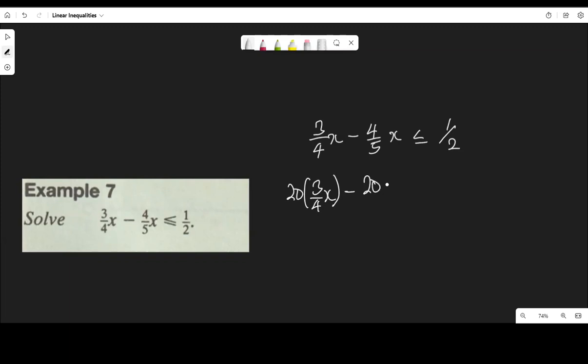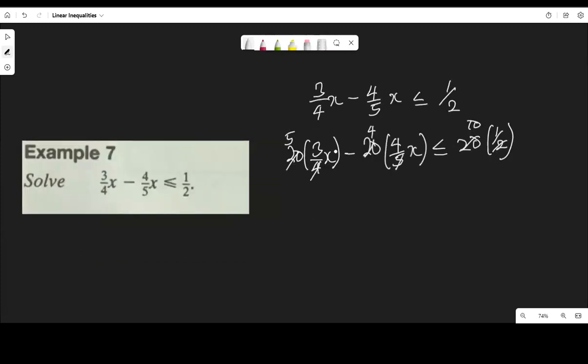20 multiplied by 3 over 4x minus 20 multiplied by 4 over 5x is less than or equal to 20 multiplied by 1 over 2. So that's 4 here 1, 4 here 5, 5 here 1, 5 here 4, 2 here 1, 2 here 10.